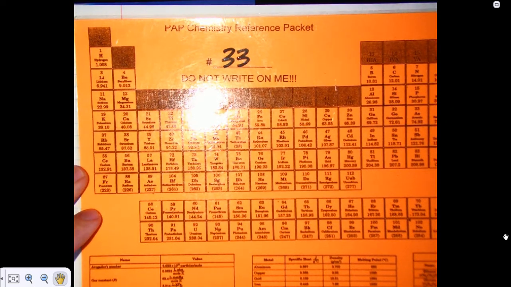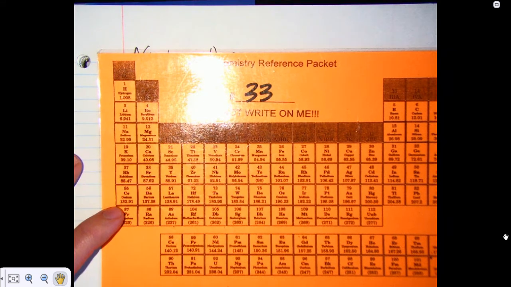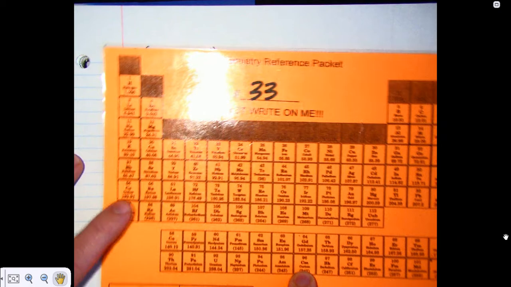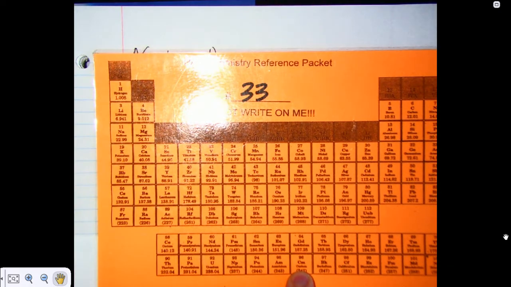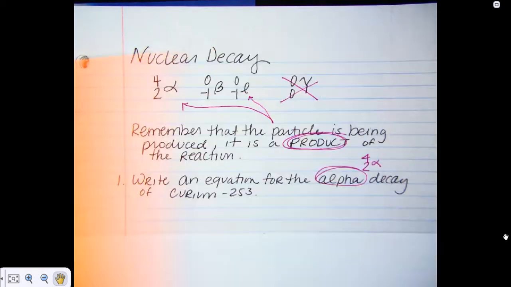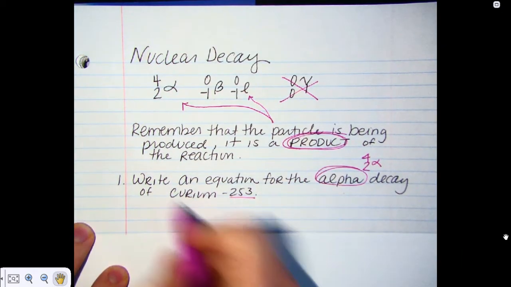A lot of times people will confuse cesium, which is 55, with curium, which is 96. Make sure you read the names of these elements carefully. So curium has a Z number of 96, meaning it has 96 protons. The 235 is giving me my A number, and that's going to go on top.